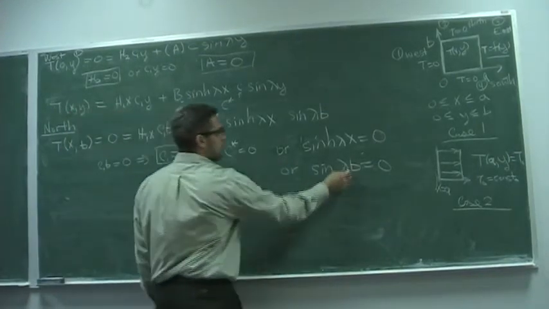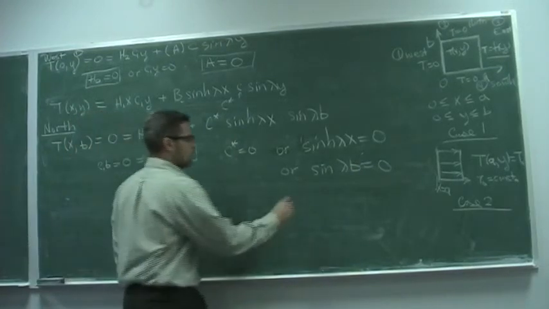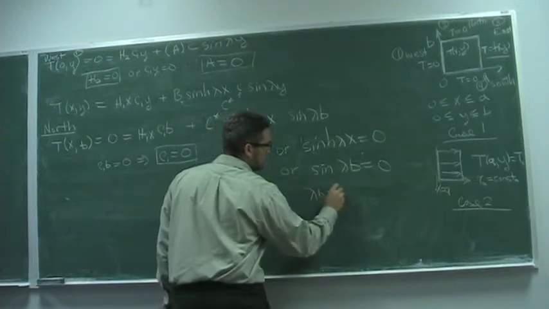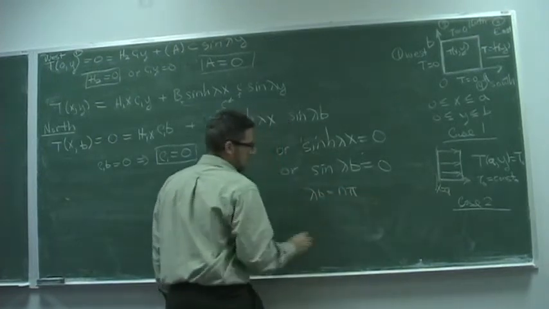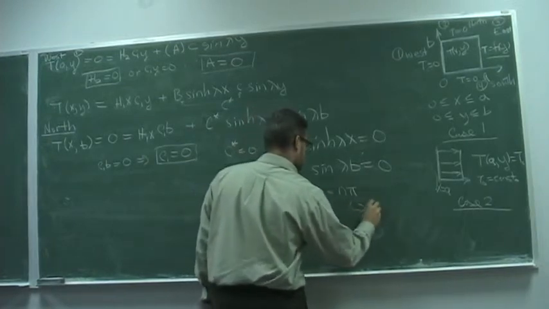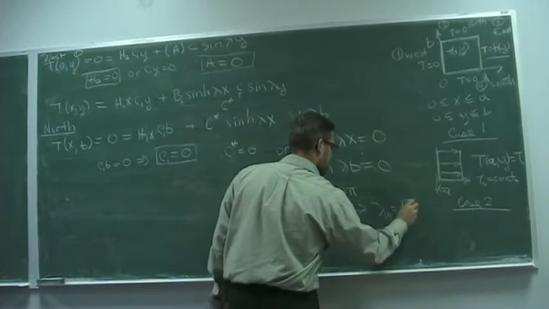So when is sine lambda b equal to 0? Sine is equal to 0 when lambda b equals n pi. So from this we have lambda n equals n pi over b.